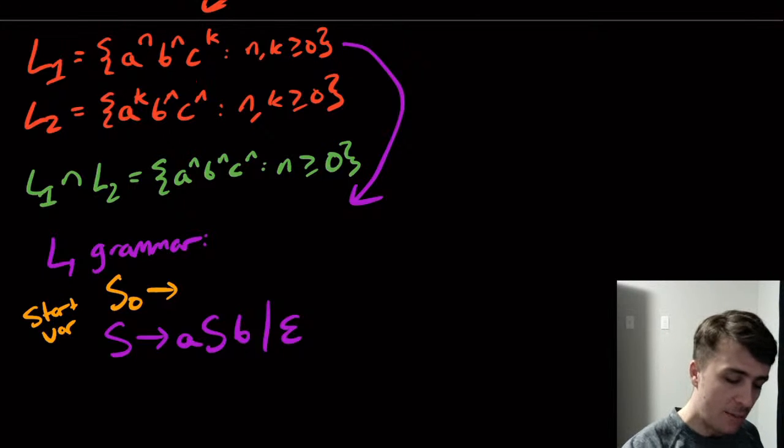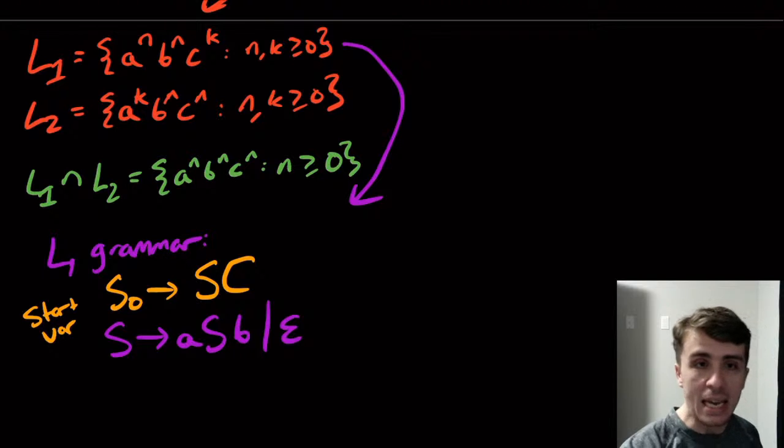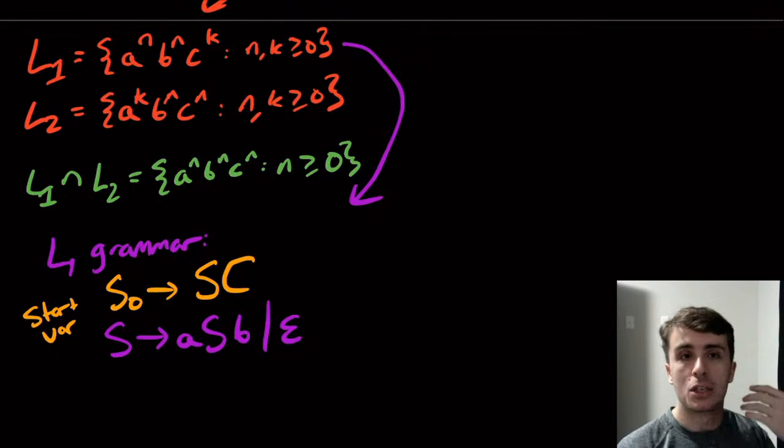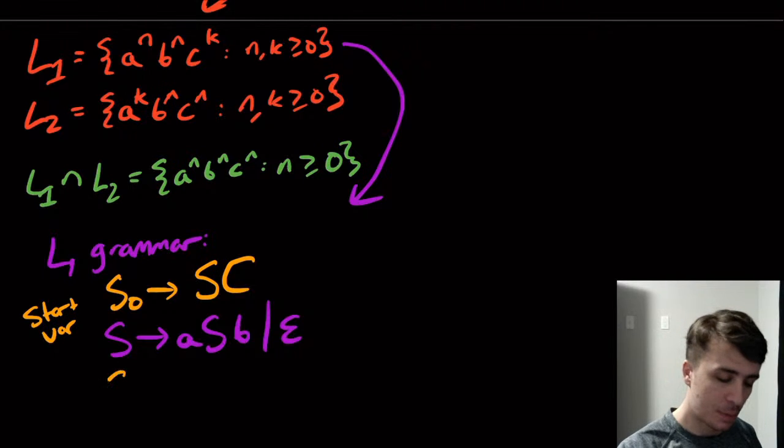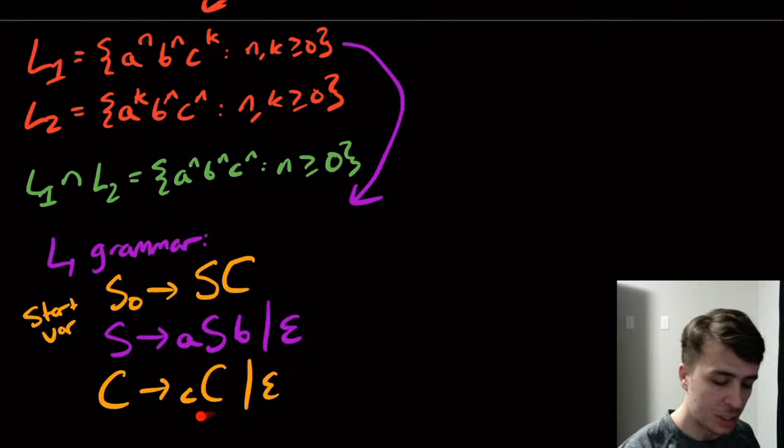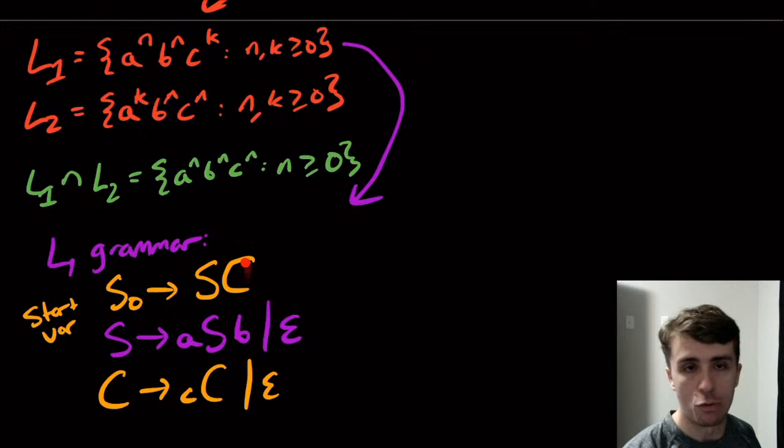So I'm going to have it be S, which is the a^n b^n part, along with a variable I'm going to call C, where C is going to generate any number of little c's that it likes. So C is going to make little c, big C, or empty. So this is just a little piece to say any number of c's that you want. So a^n b^n, followed by any number of c's that you want.